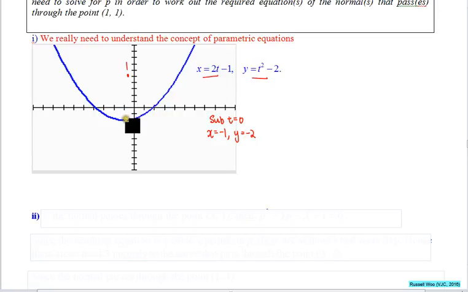That means I have a point, minus 1, minus 2. If I substitute t equals 1, I'll get x equals 1, y equals minus 1. 1, minus 1 here.